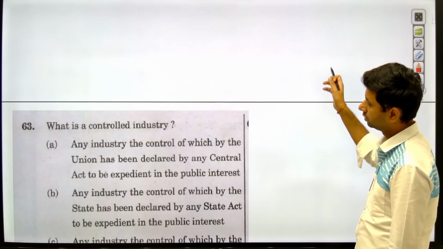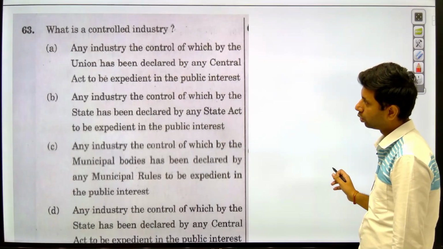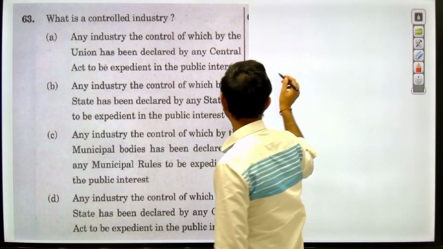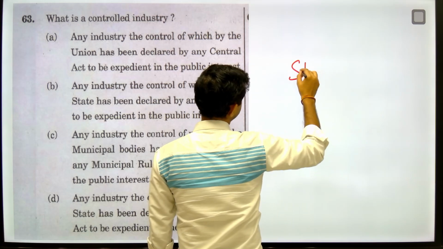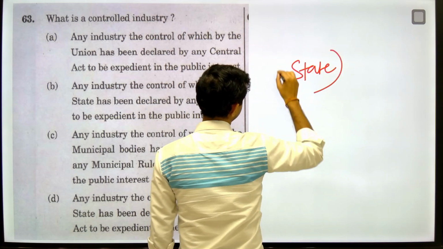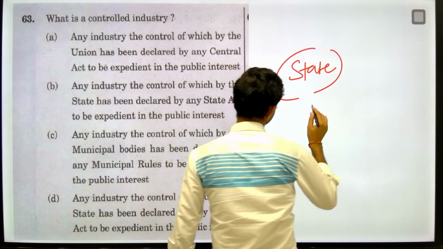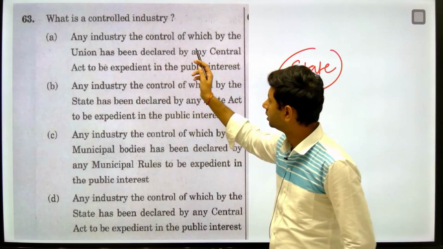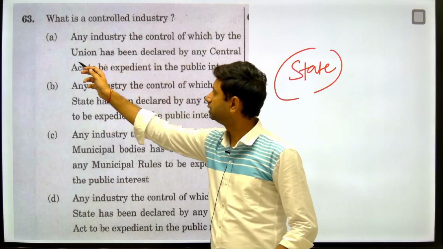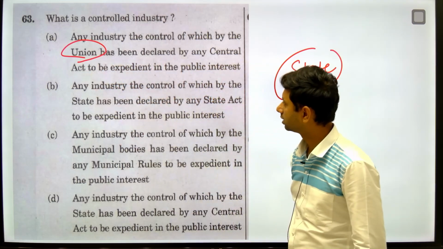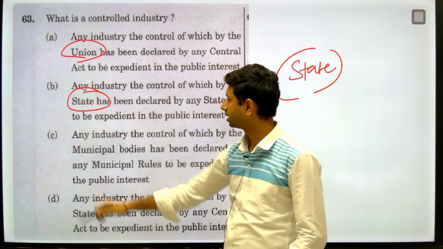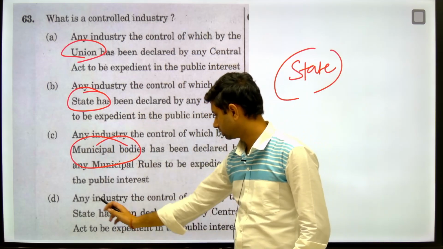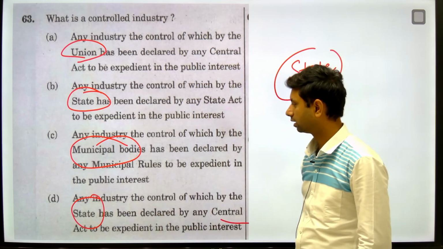So the next question is about what is a controlled industry. So usually when we talk about a controlled industry, it is under the control of the state. Okay. So take this as a cue and try to answer this question. Any industry, the control of which by the Union has been declared by Central Act; by the state has been declared by State Act; by the municipal bodies; or by the state declared by Central Act.